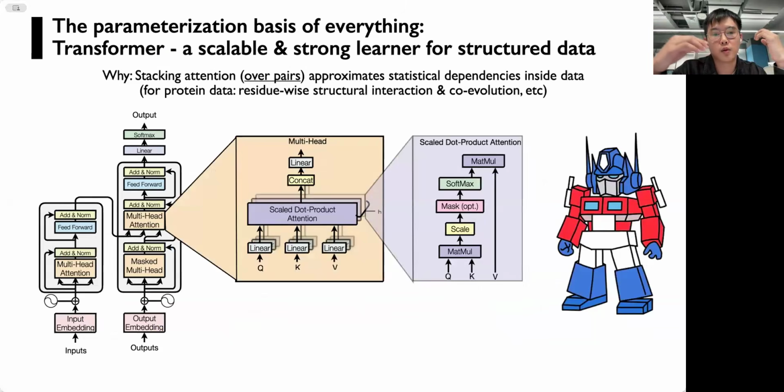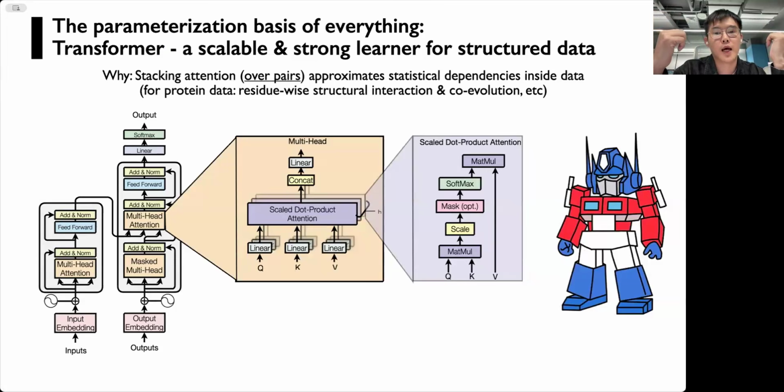So for the success of these two paradigms, the diffusion model for proteins and the language models for protein sequence, the hero is the transformer. The transformer is a scalable and strong learner for structured data like proteins or natural languages.